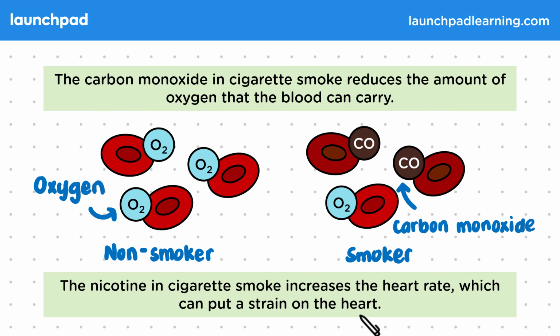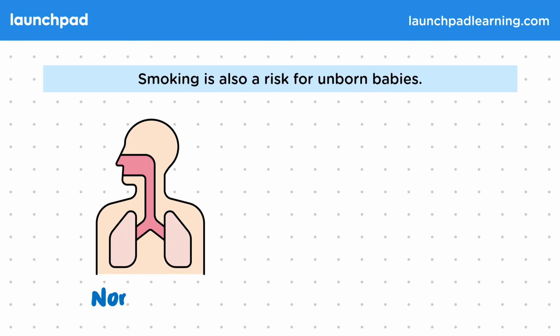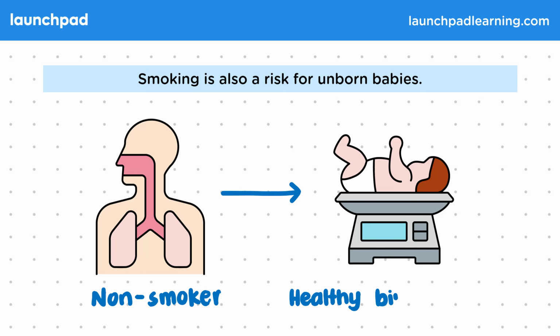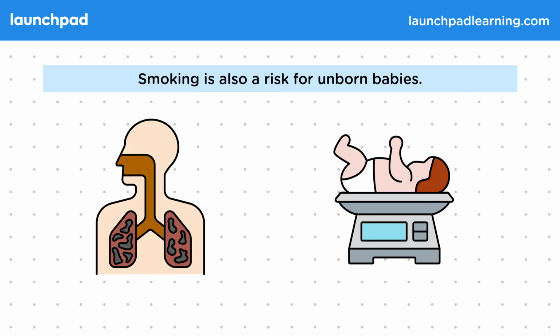Do you know what happens if you smoke while pregnant? Smoking is also a risk for unborn babies. This image shows the healthy airways of a non-smoker. A woman who doesn't smoke would have a baby with a healthy birth weight. However, if the mother smokes, they can damage their lungs and therefore absorb less oxygen.